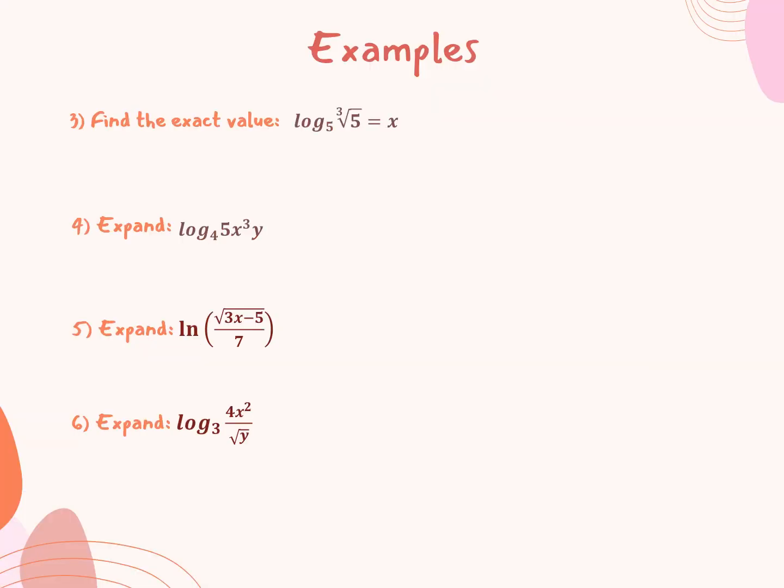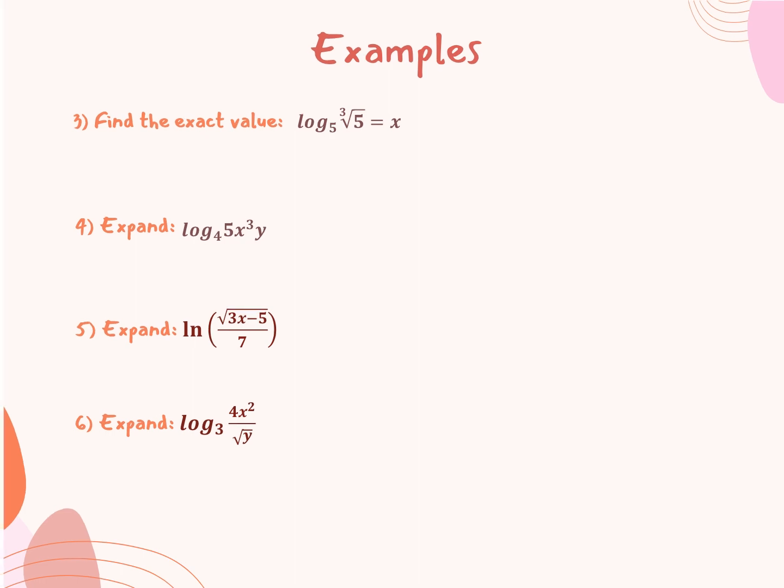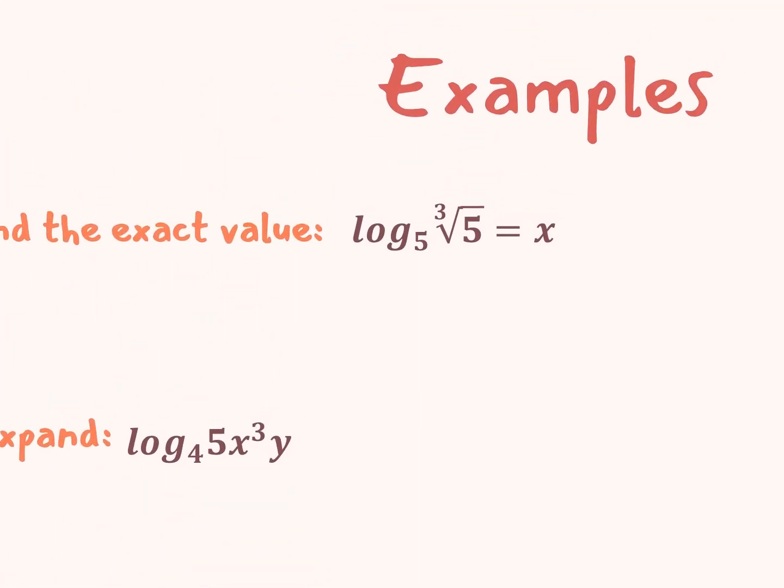Okay, so for the first example, it just wants us to find the exact value. Now, we can do two things here. We can either use what we've already done, convert this from log form to exponential, and we can do 5 to the x is equal to the cube root of 5.